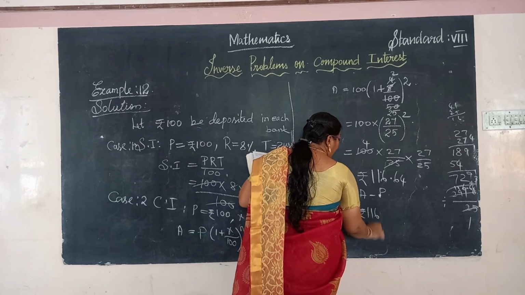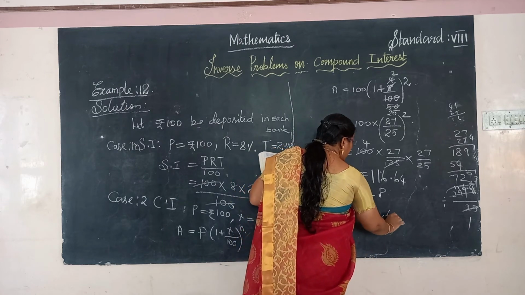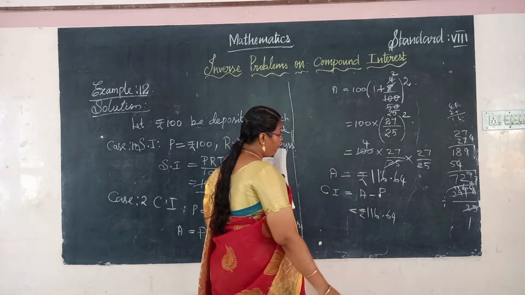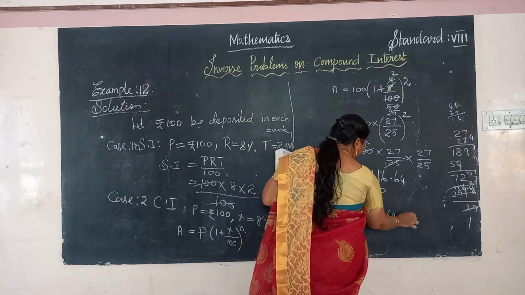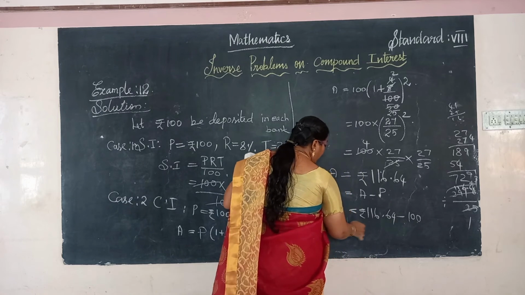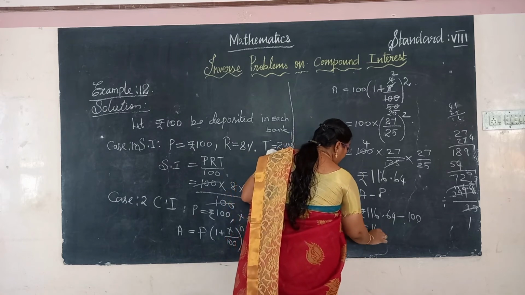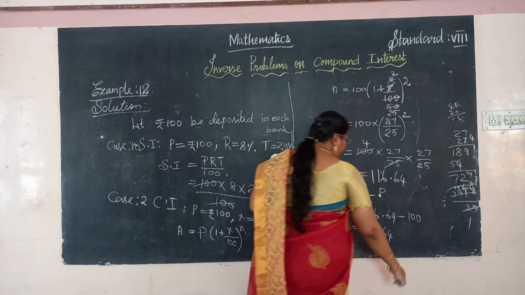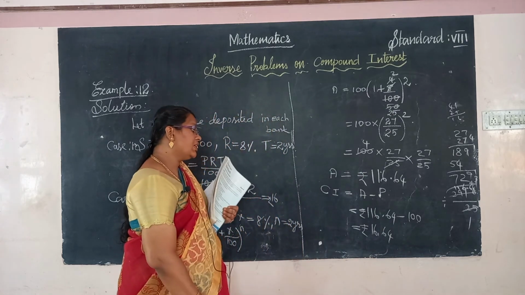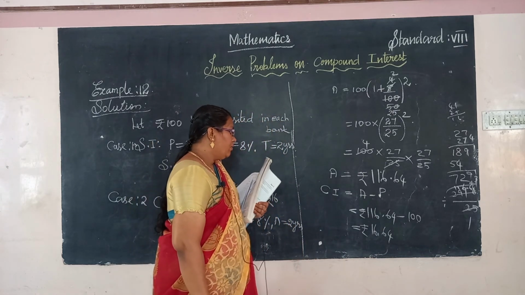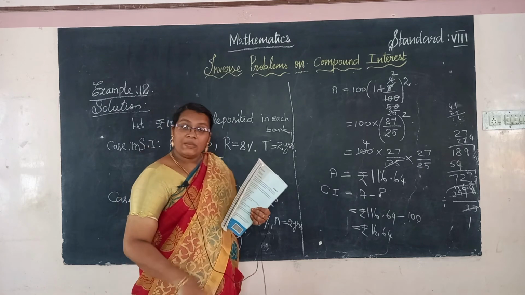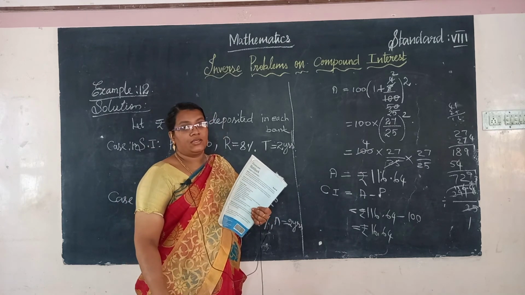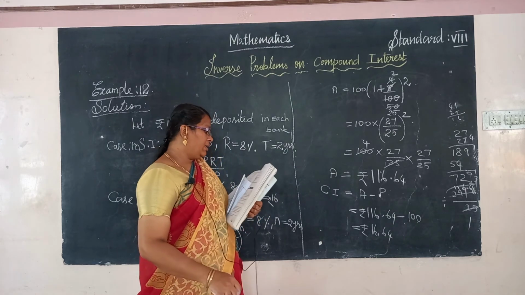Rupees 116.64 minus the principal amount, 100. Subtract, what we get? 16.64. That is 16 rupees 64 paise. That is called the compound interest.